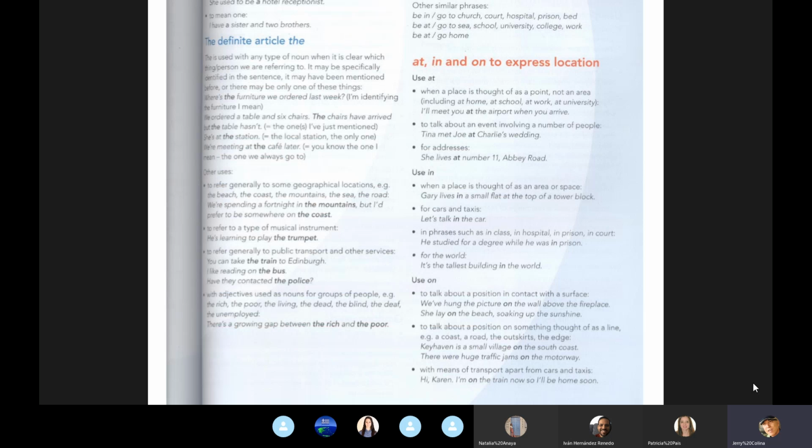Example, Key Haven is a small village on the south coast. See, if you use coast, you have to use on. There were huge traffic jams on the motorway, because a motorway is a road, so you use on.